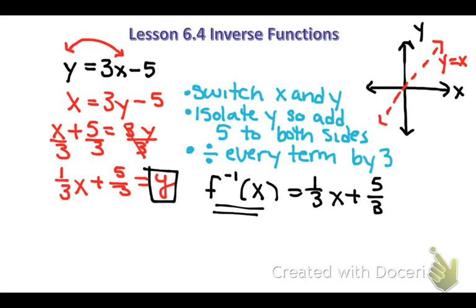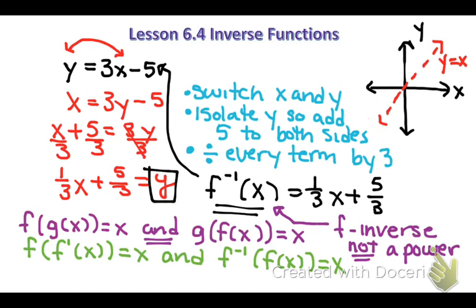This is saying that this is the inverse of the function that we started with. It's not a raised to the power of -1, it's the inverse of f. So when we solve f and we solve its inverse, we should get back to the same x. This notation we'll be looking at on the next slide.